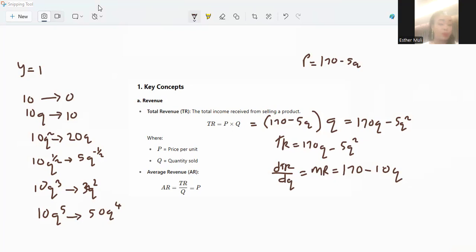Okay. Now, when you're asked how to maximize revenue, you maximize revenue by equating marginal revenue to 0. So 0 equals 170 minus 10Q.